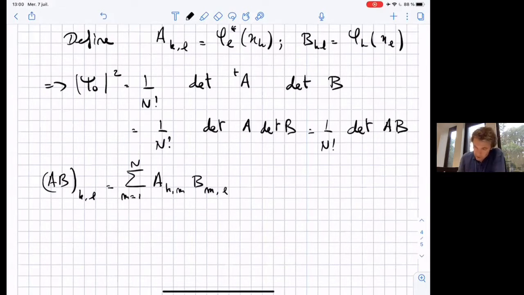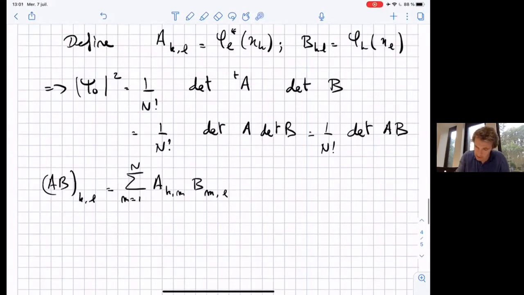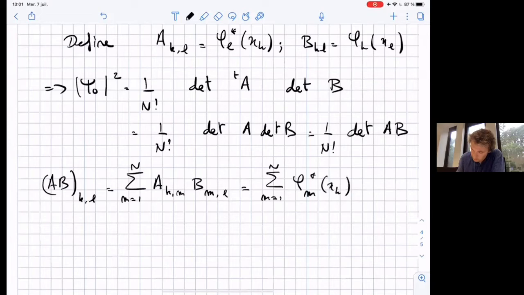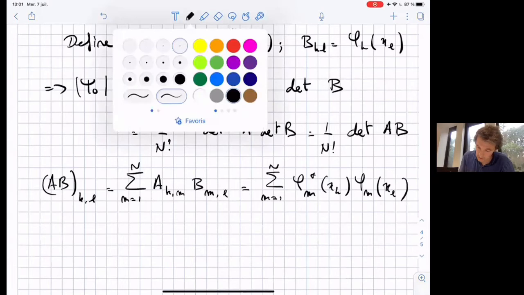And if I plug these expressions in, I just have the sum from M equals 1 to n of phi_M star of x_k phi_M of x_l. And this is what we usually call the kernel, okay?